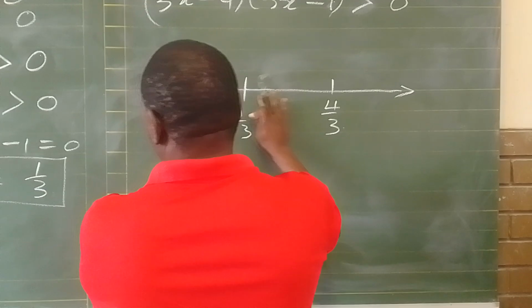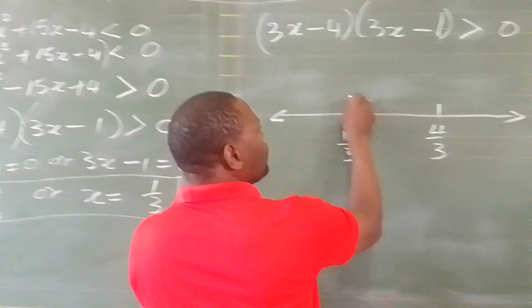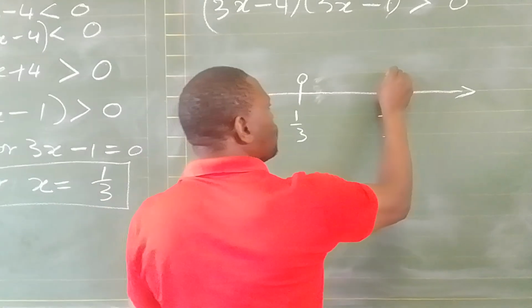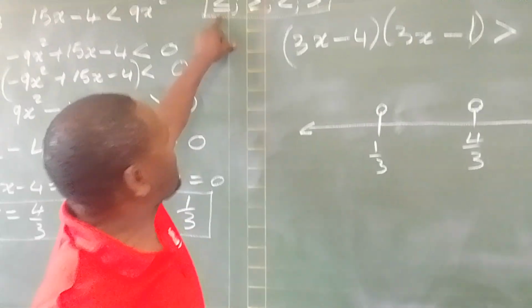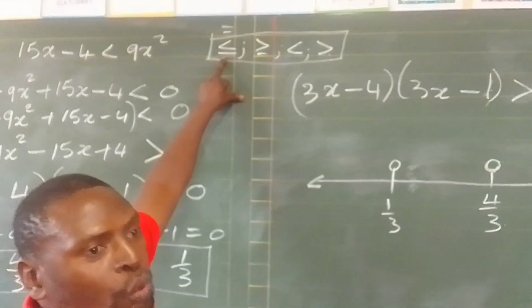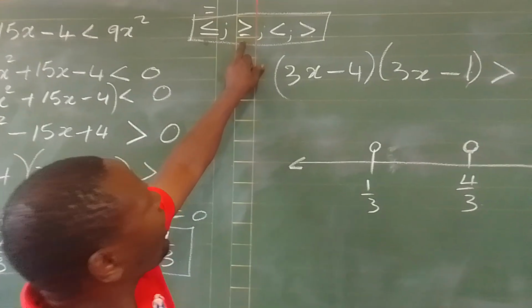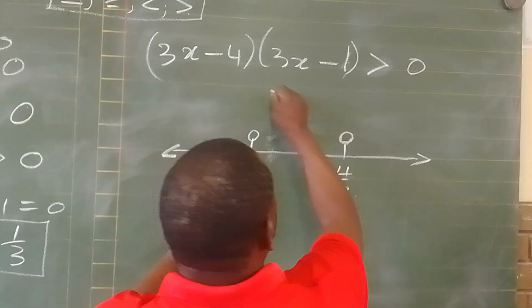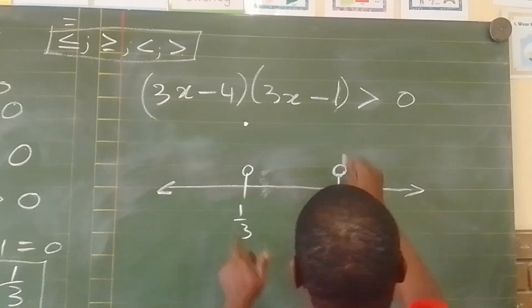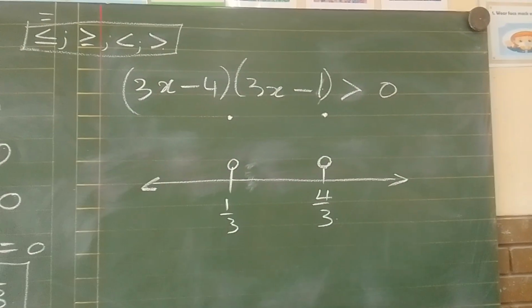So, because of the inequality sign, here we are going to have an open bubble. If it was the 2 signs which are greater or equal to or less or equal to, these will have a dot on the critical values.